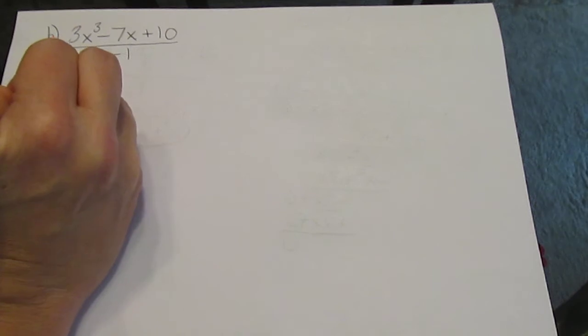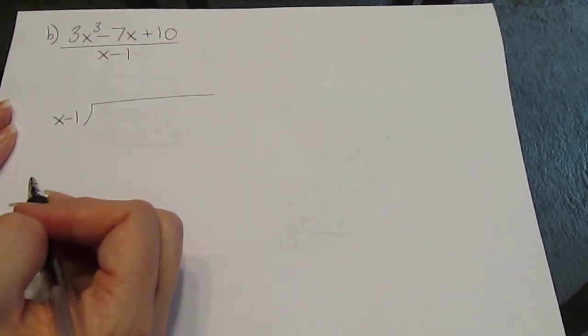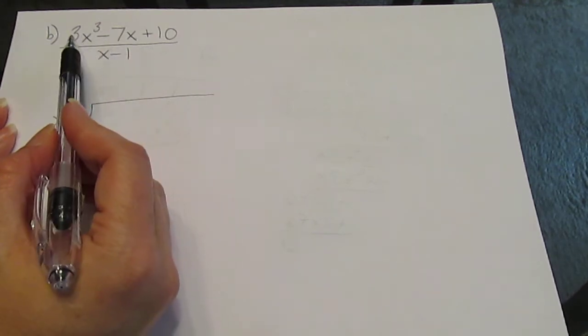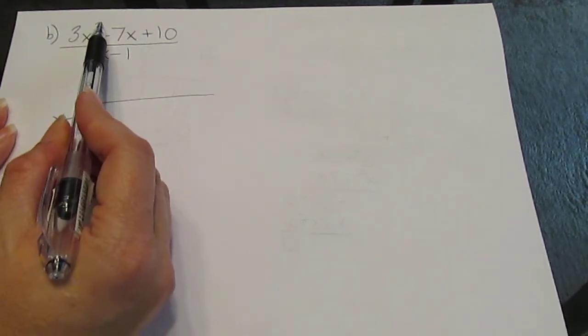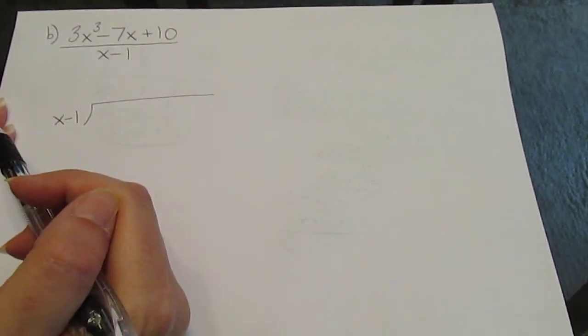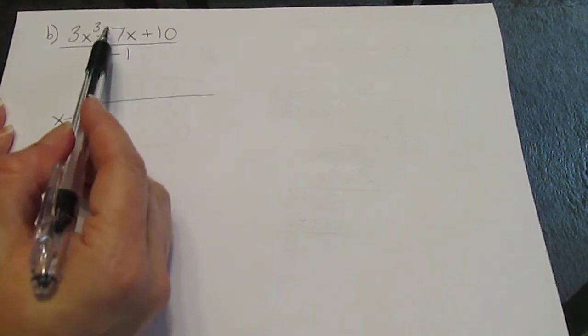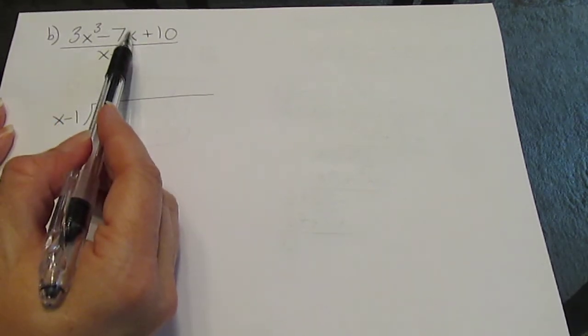Okay, so I'm going to take x minus 1 divided into, okay, remember we need to look to see if we've got our exponents in descending order. We do. Are we missing any terms? Well, we've got the x cubed, but we don't have an x squared. We have an x and we have a constant. Anything that's missing, you're going to plug a 0 in.